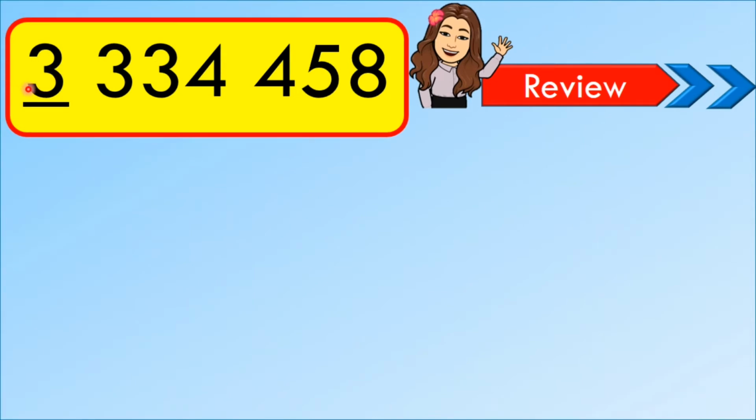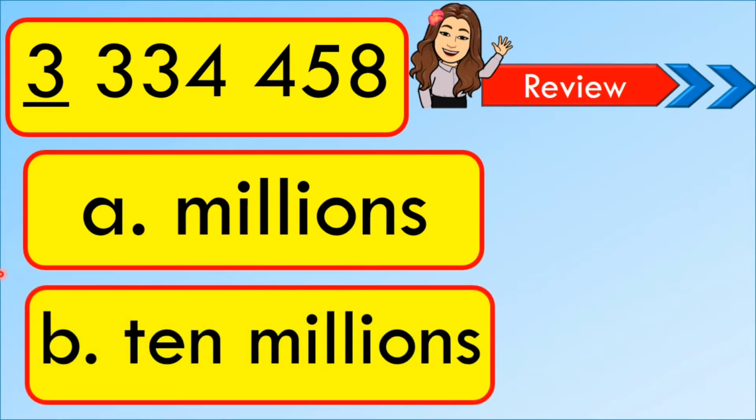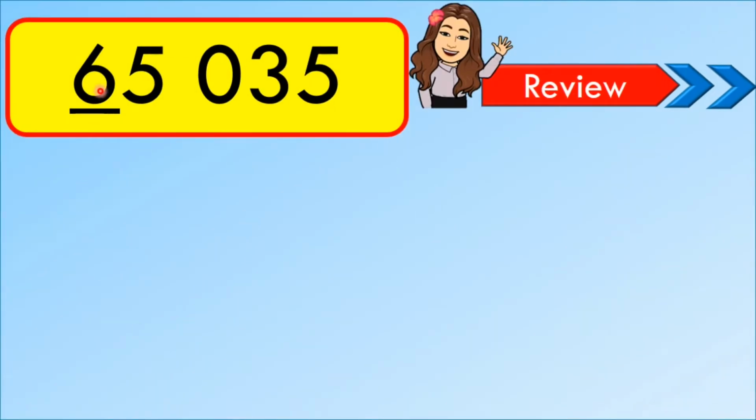Next number. Let us read 3,334,458. Is it letter A, millions? B, 10 millions? So the place value of digit 3 is none other than millions, letter A, correct. Next we have 65,035. What is the place value of digit 6?